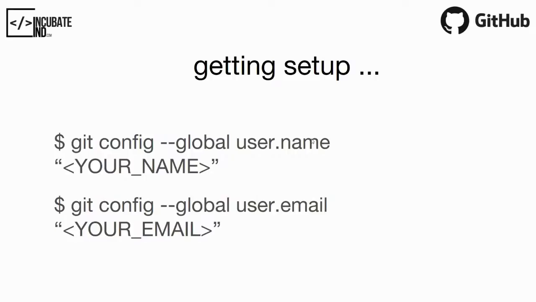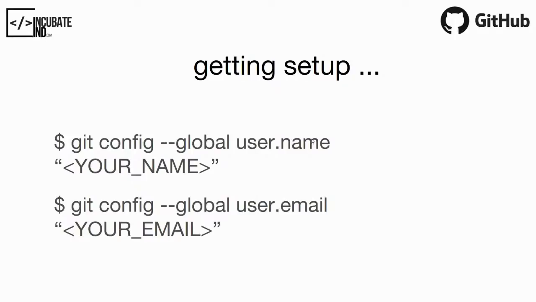Once I've installed Git, I'll have to type these commands, which is git config --global user.name and provide my name in double quotes. Then git config --global user.email and the email.